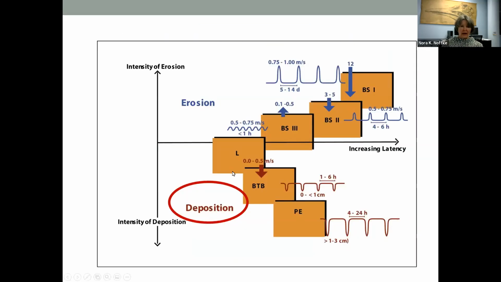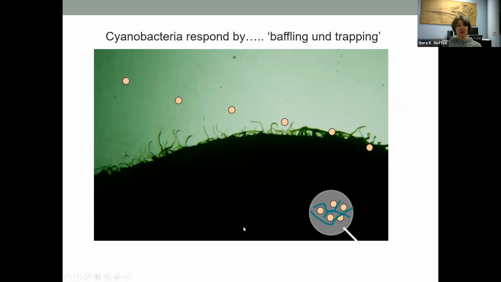So let's take a look at the reaction of microbial mat with respect to deposition of sediment. This is shown here. This is the same microbial mat you've just seen when I talked about biostabilization. This is a Mickey Mouse sketch of sedimentary grains raining down onto this microbial mat surface. You see how the microbial filaments reach out perpendicularly into the supernatant seawater.